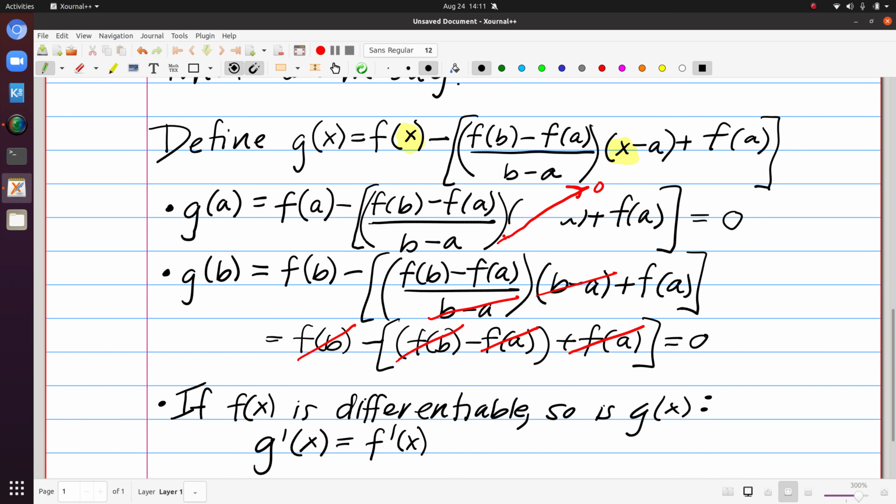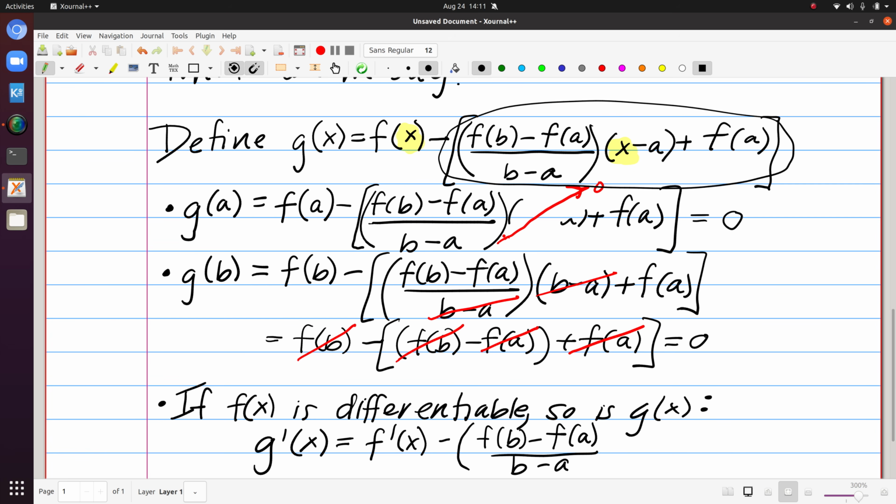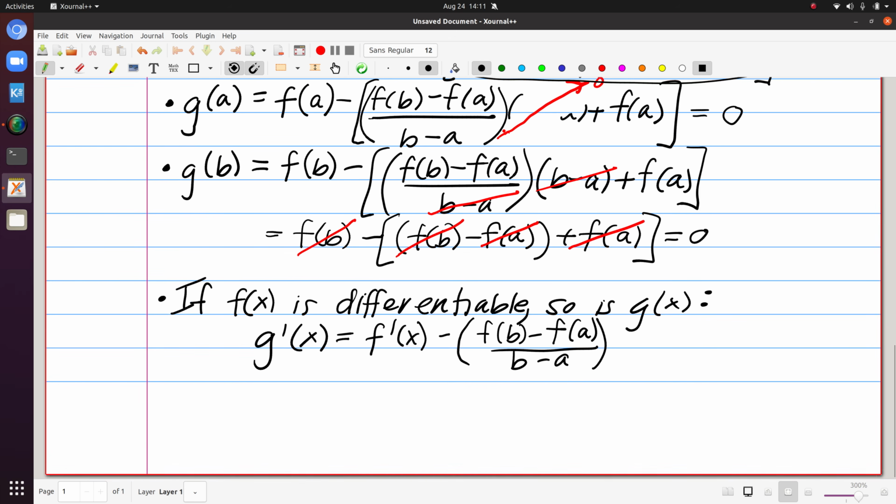And then essentially what I'm subtracting in the parentheses here, or the square brackets, that is a linear function. And so the derivative of that linear function is simply this slope value, the constant multiplier in front of x minus a. So this is g prime of x.